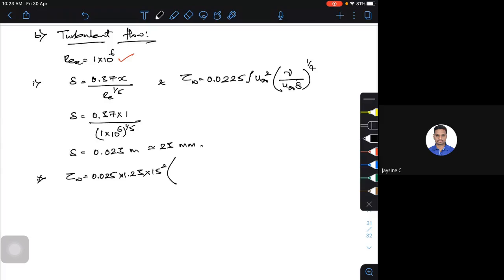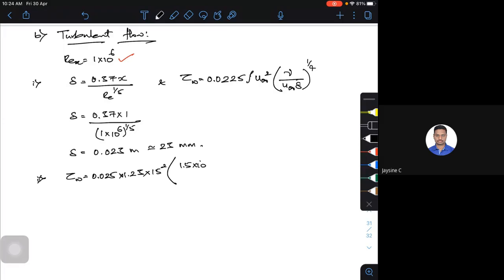So what is nu? Nu is 1.5 into 10 to the power of minus 5.